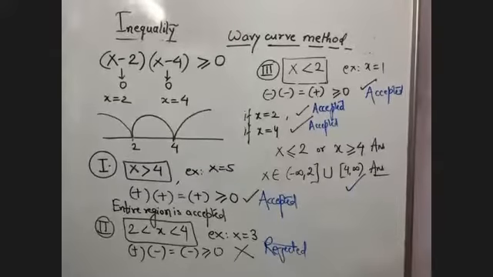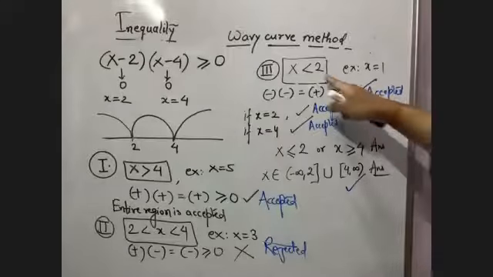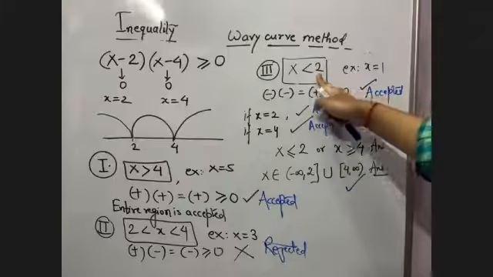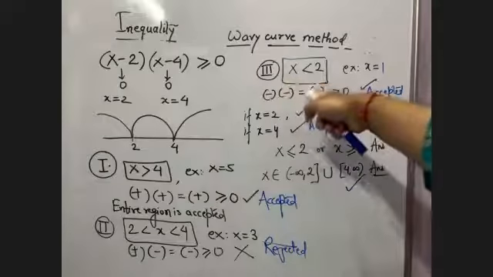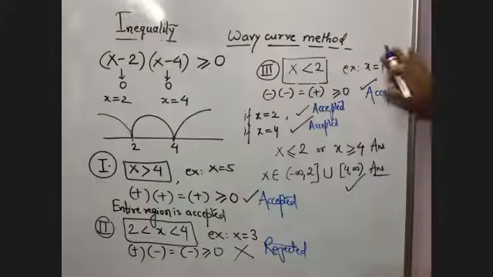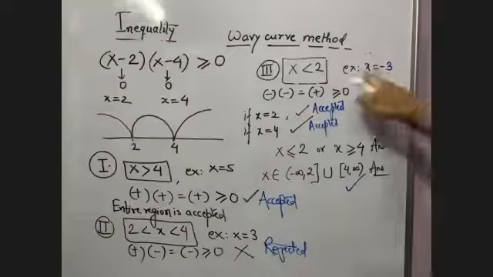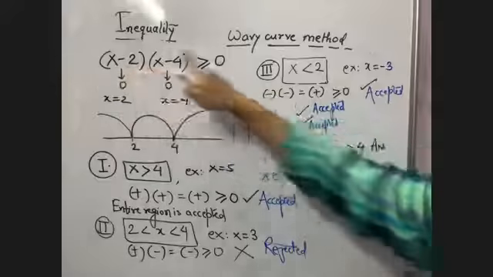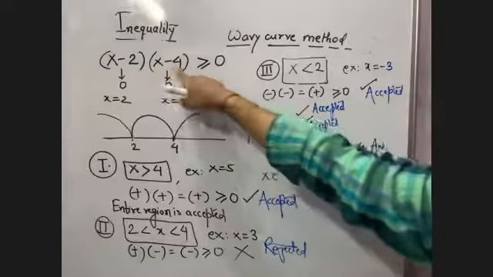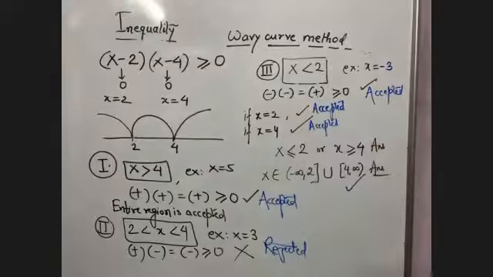Rushi Varun, I'm saying if you are going to take any number in this interval, it will satisfy. Say x is equal to -3, look at this. -3 -2 is negative. -3 -4 is negative. All right, you are getting the same thing.